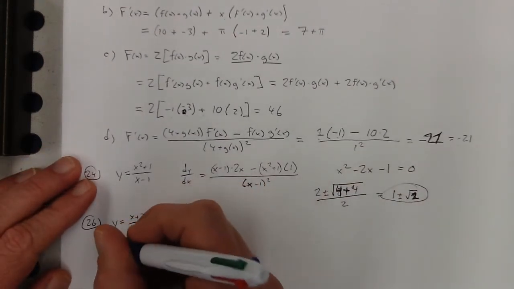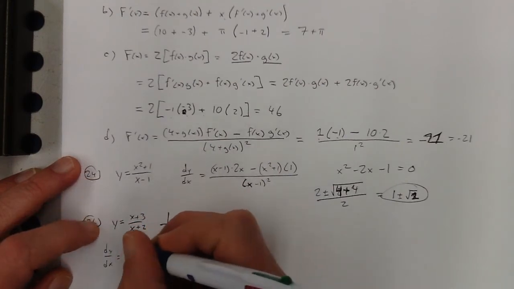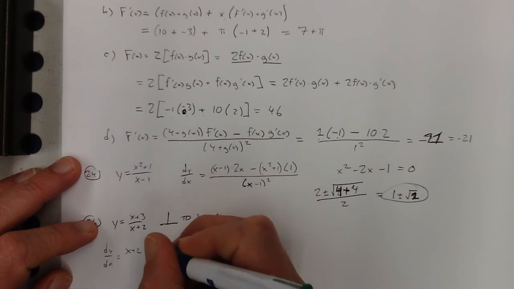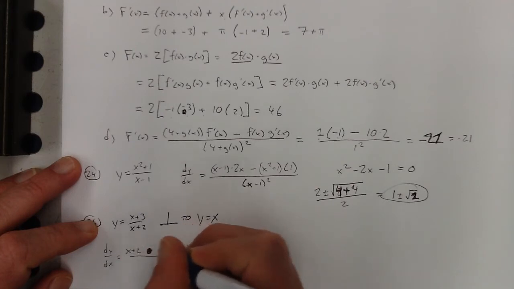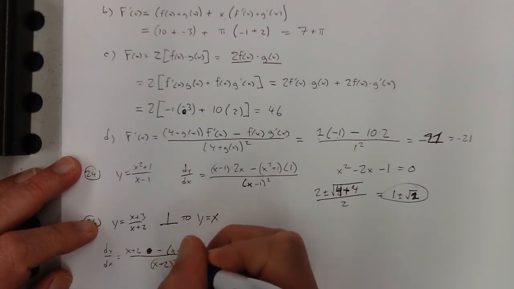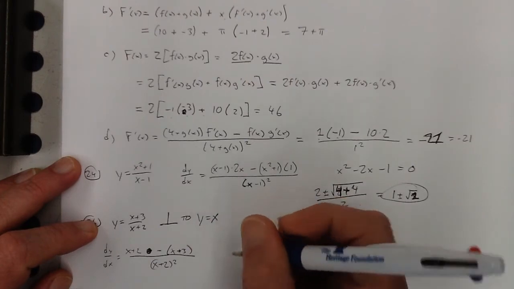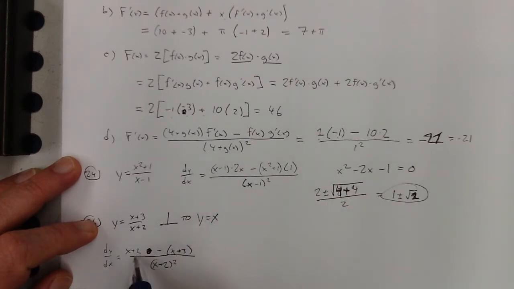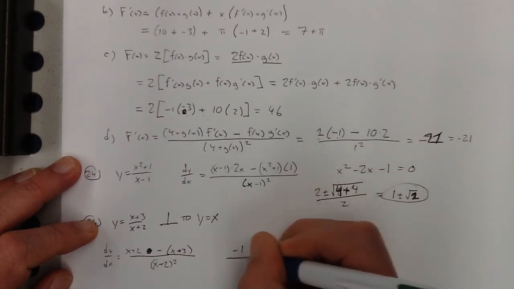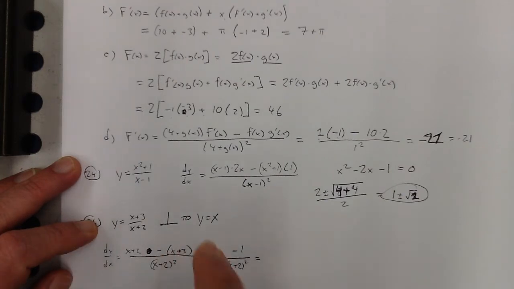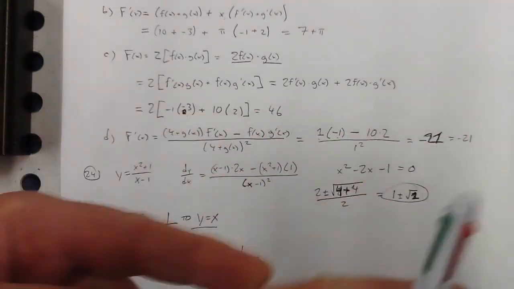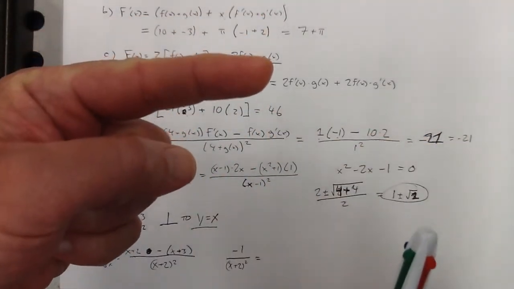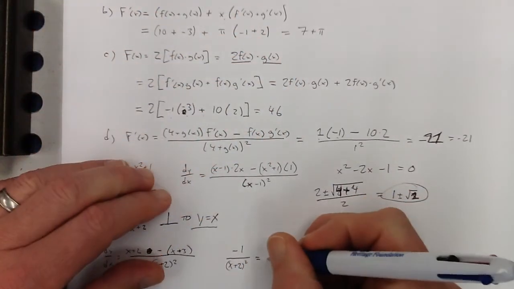So dy dx is equal to low d high is 1, minus high d low is 1 over low low. So I need to set that equal to... x minus x, those cancel. 2 minus 3 is -1 over x plus 2 squared is equal to perpendicular to this. This has a slope of 1, so to perpendicularize something, you have to turn it over, which is still 1, and make it negative. So -1.